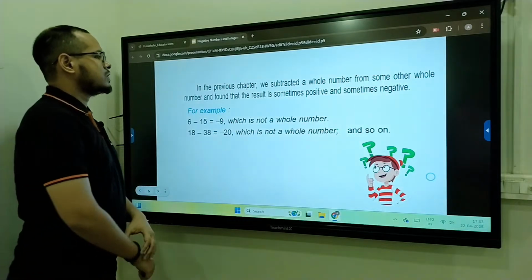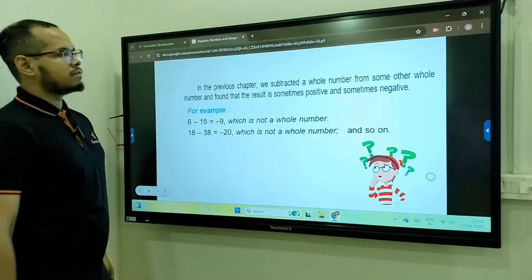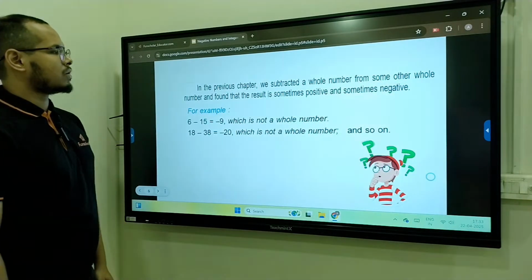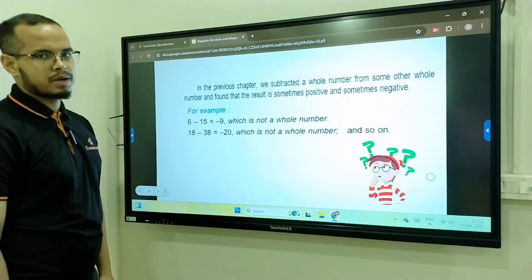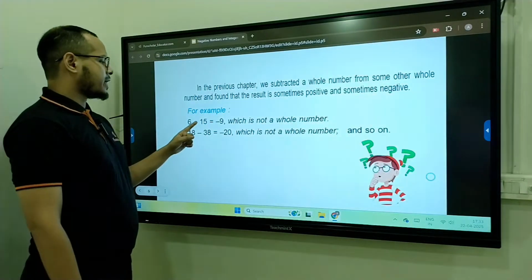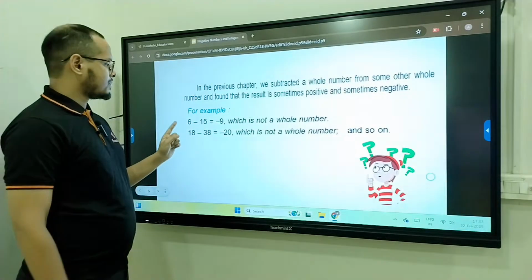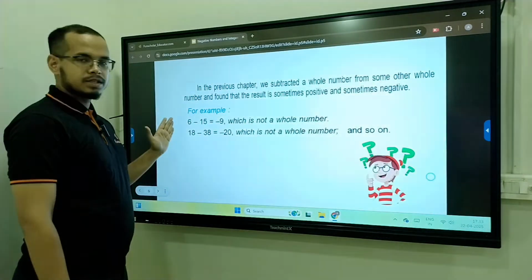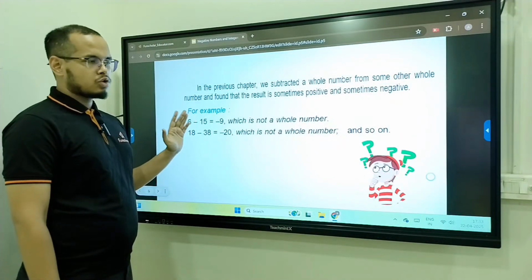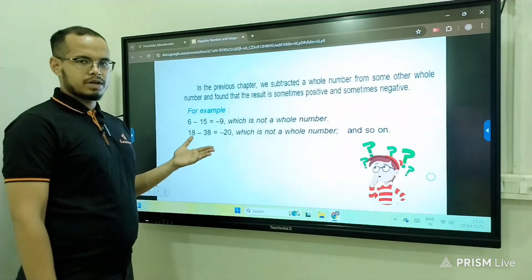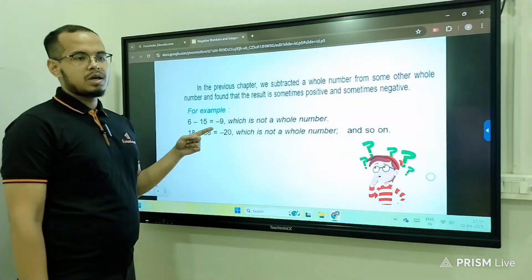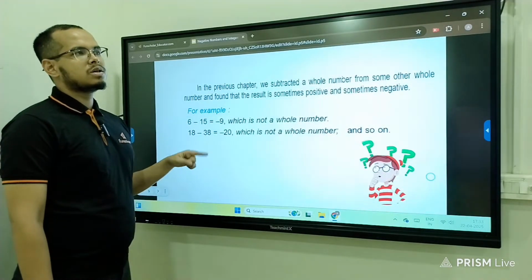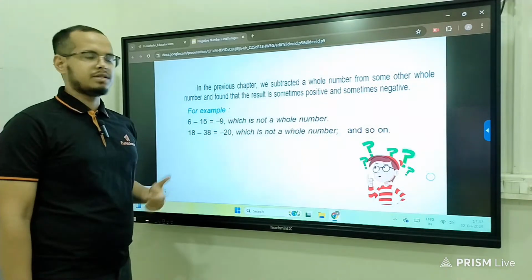Now, in the previous chapter, we subtracted a whole number from other whole numbers and found that the result is sometimes positive and sometimes negative. 6 minus 15 gives us minus 9. Obviously a positive number should always be greater, right? But minus 15 is much greater in the negative sense than plus 6.